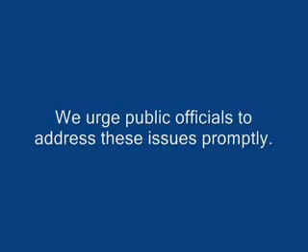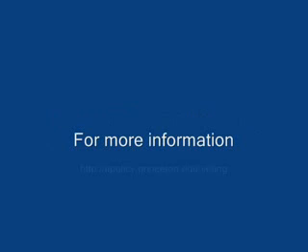We urge public officials to address these issues promptly. More details, including a full technical paper containing a more complete security analysis and a discussion of mitigation strategies, can be found on our website at itpolicy.princeton.edu/voting.